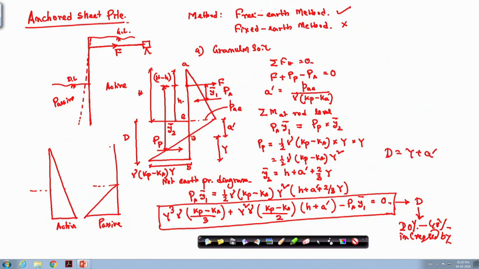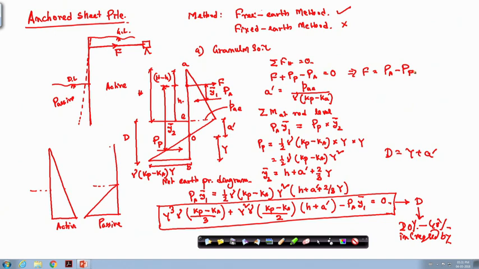Remember that from this diagram the force from O to A is Pa, the distribution due to this portion. Once you get the Pa and Pp, then you will get the F value. From this expression F will be equal to Pa minus Pp. So, that will give you the final F value.